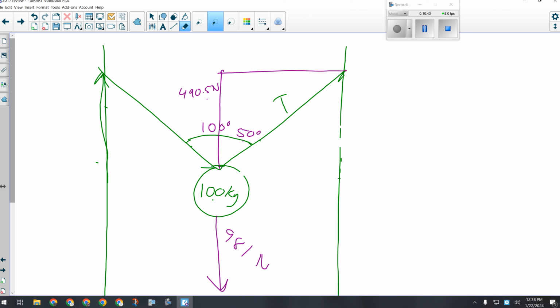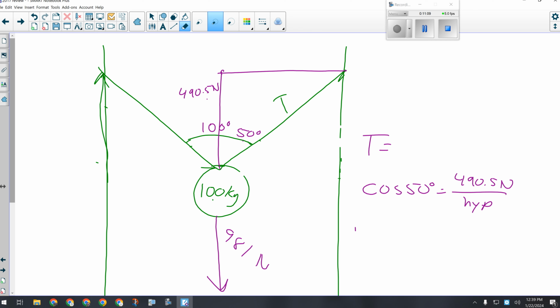This is kind of the vector diagram, this triangle that we've drawn. But in the end, to get the tension in the cable, all I'm doing is saying that this is my adjacent side, and I'm looking for the hypotenuse. So cos of 50 degrees equals the adjacent side, 490.5 newtons, divided by the hypotenuse, which is the tension I'm looking for.